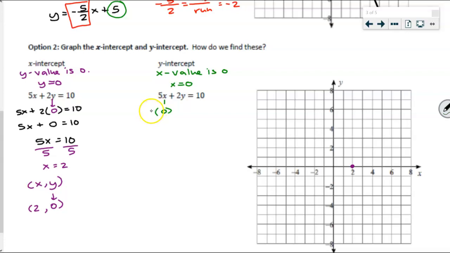And 5 times 0 is, of course, 0. And 0 plus 2y is 2y, exactly. 2y plus nothing is still just 2y.